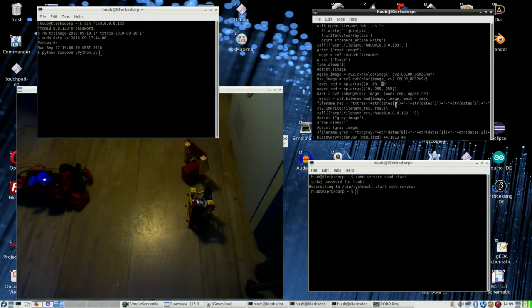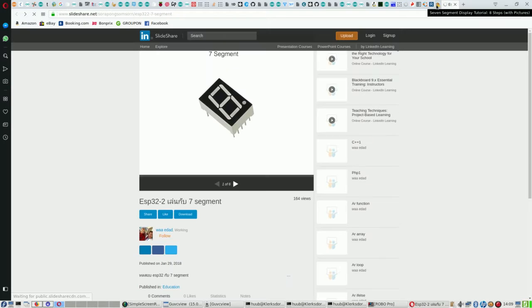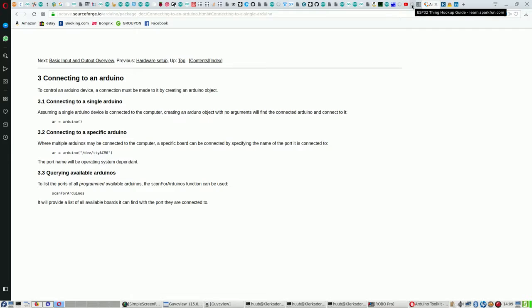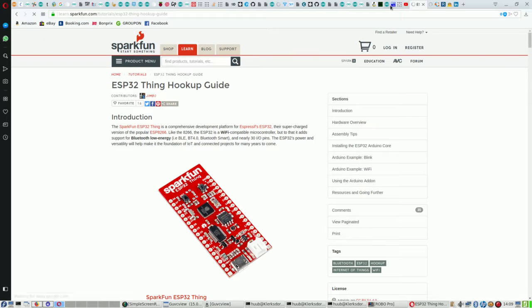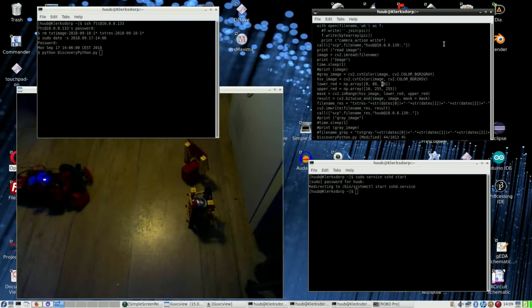And let's see if I can get the correct one immediately. No, that's not the one. So I have to check first which one to take. And of course I have exactly the wrong website here, so I can't do that.